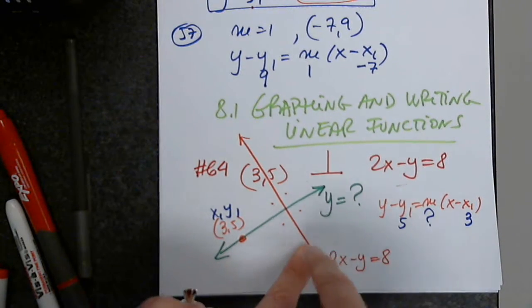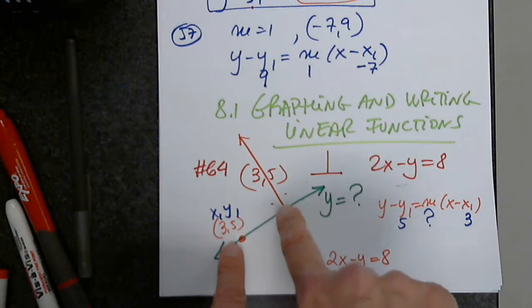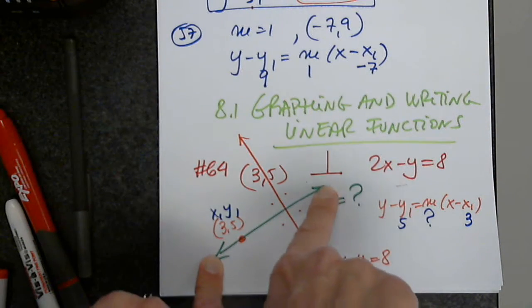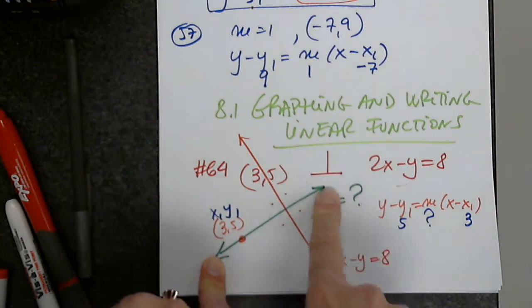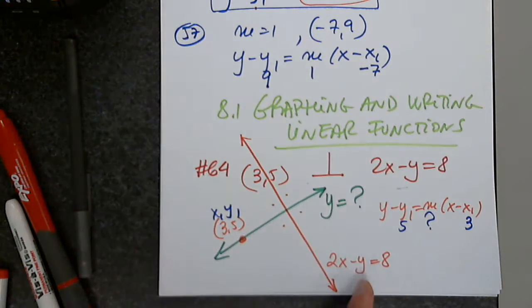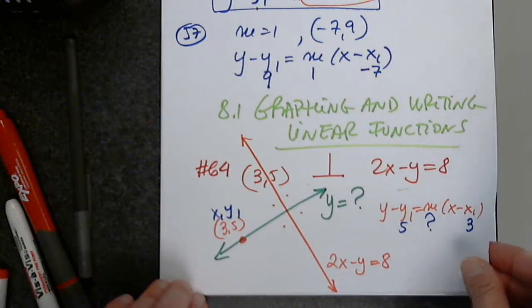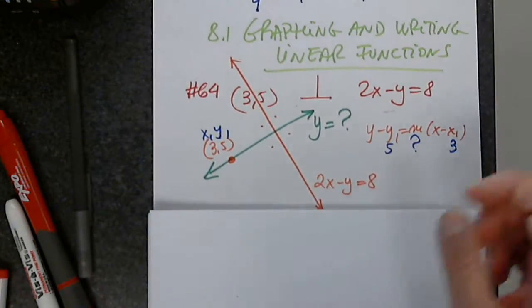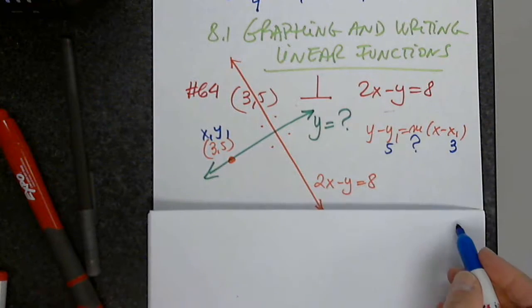And once I have the slope of this line, how will I determine the slope of the green line? Or the product is -1. So, what do I have to do here? Yes.